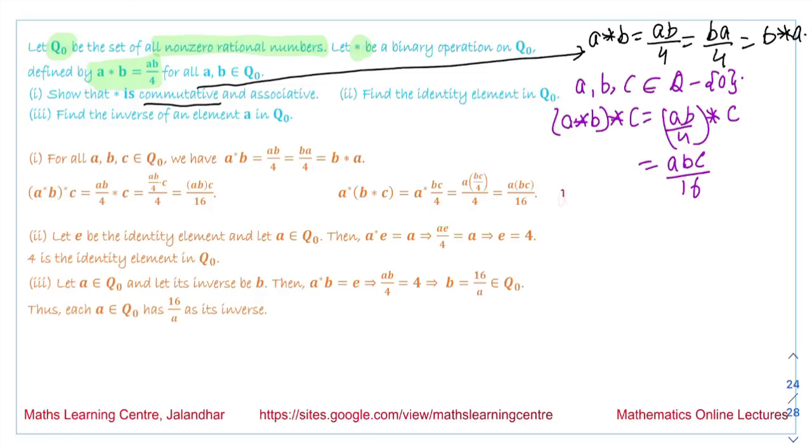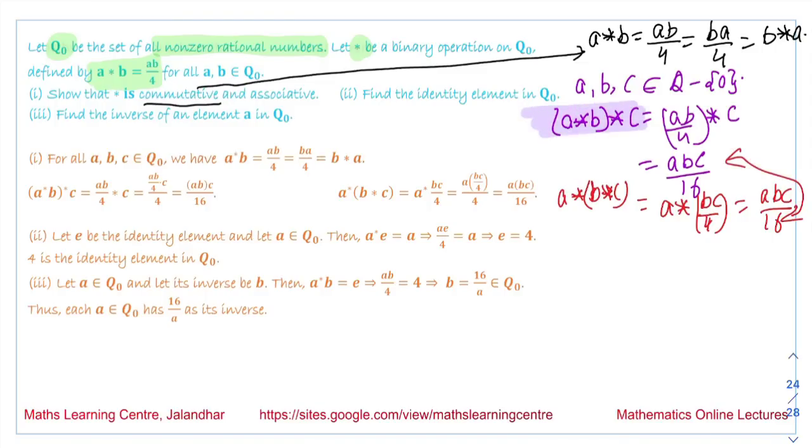Similarly, when we calculate A star (B star C), this is equal to A star (BC by 4), and this is equal to ABC by 16. Both these answers are equal. So this operation is an associative operation. Next we have to find the identity element.